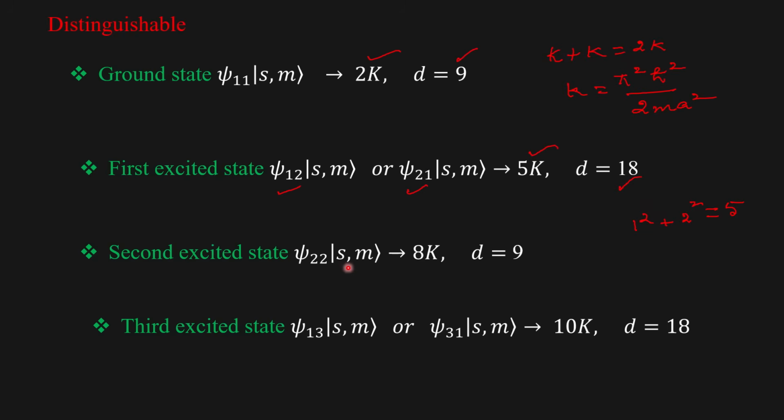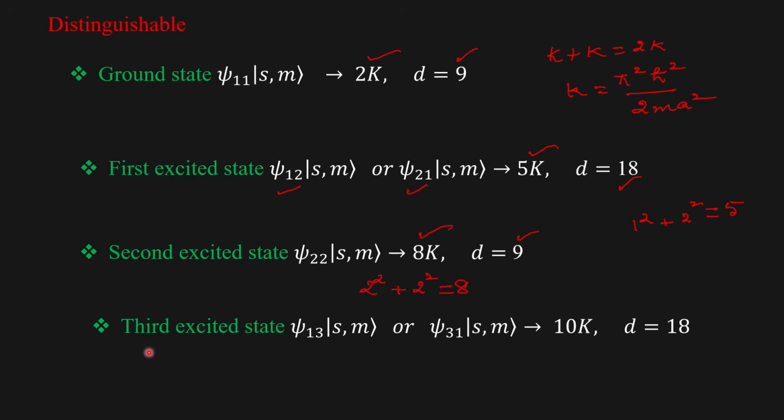So this spin state χ_sm has 9 states. So the degeneracy is 9. Then what about the energy level? 2 squared plus 2 squared, which is equal to 8. So naturally this will be 8k.